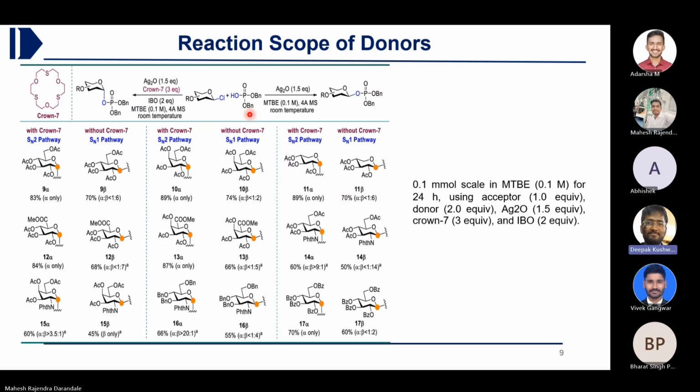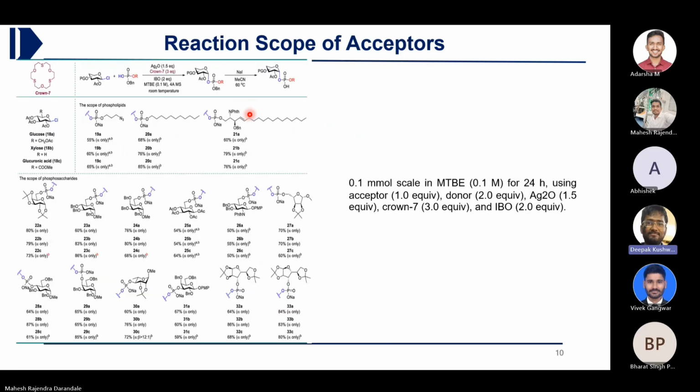So they didn't try anywhere to form the ether linkage, like whatever we are doing for normal O-glycoside glycosylation? From the beginning they targeted that only, or somewhere they might have commented anything based on the nucleophilicity or something?